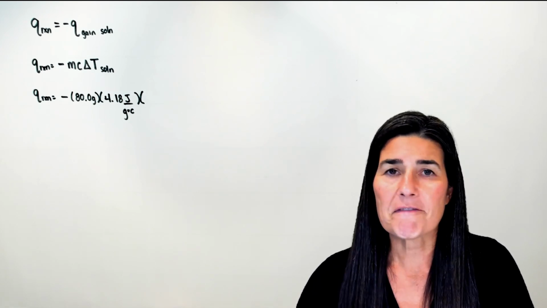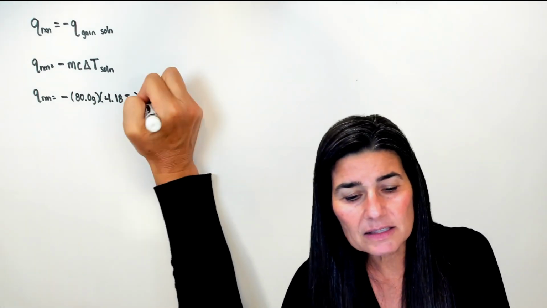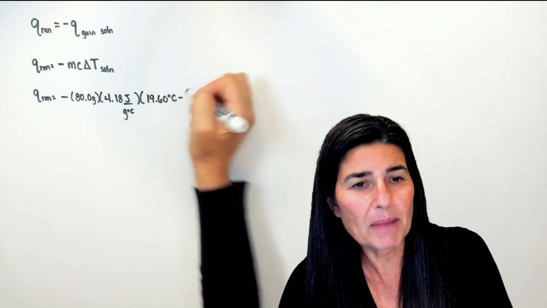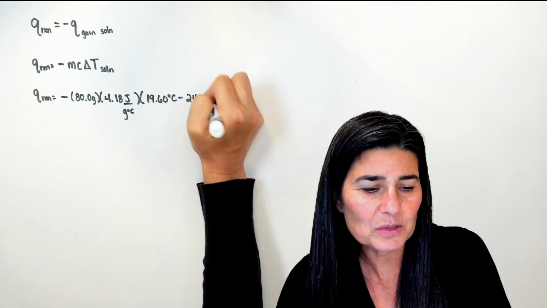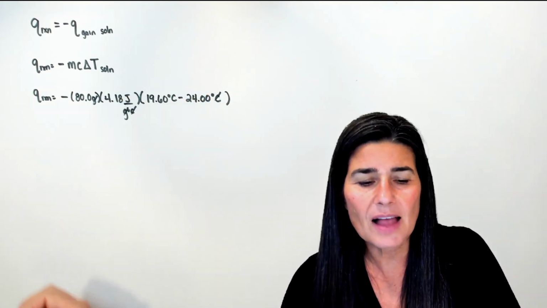And then our temperature change. We're going to take the final temperature minus the initial temperature. So final temperature is 19.60 degrees C minus original temperature, which is 24.00 degrees C. Celsius cancels out, grams cancel out.